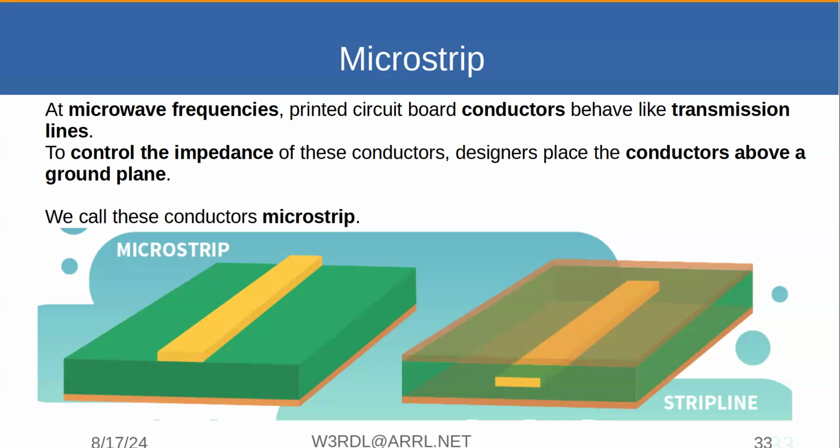They do the same thing with what's called strip line, where it's actually embedded, so you have a ground plane on either side of it. It acts more like a coax as far as a shielding effect, but you still do it such that it has 50 ohms, usually. And for the high speed stuff, you try to keep the length of them the same, so you don't have a phase shift.